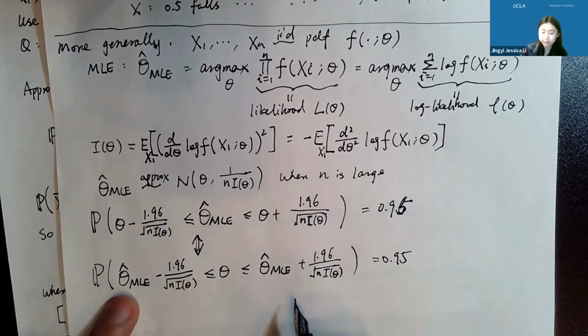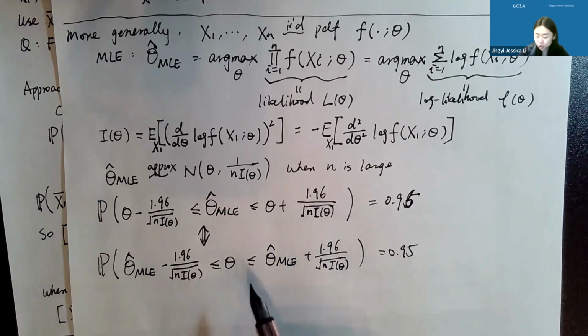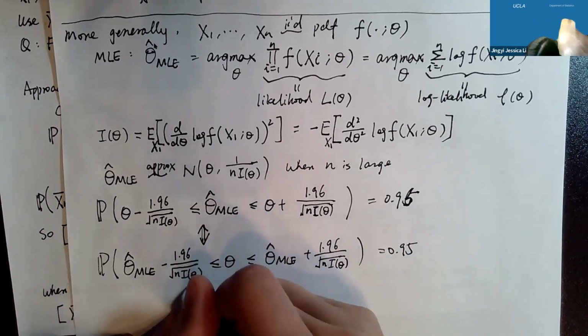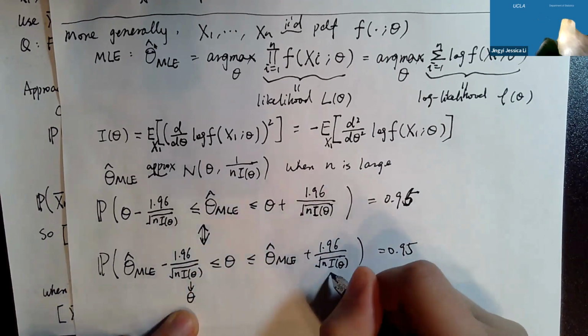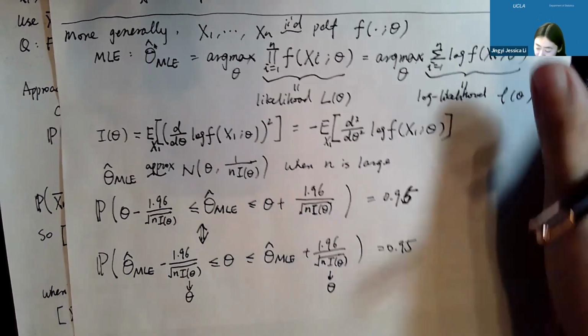So this event is exactly equivalent to the previous event. I just reorganized the terms to put the theta in the middle. But this is not a confidence interval yet, because these two boundaries involve theta, and theta is unknown. So how do we do it?